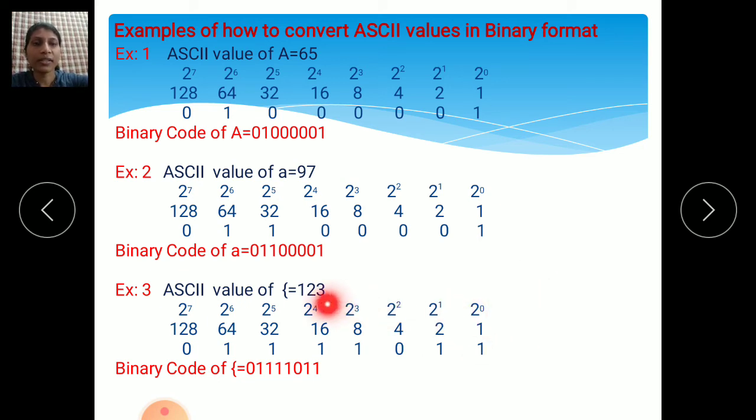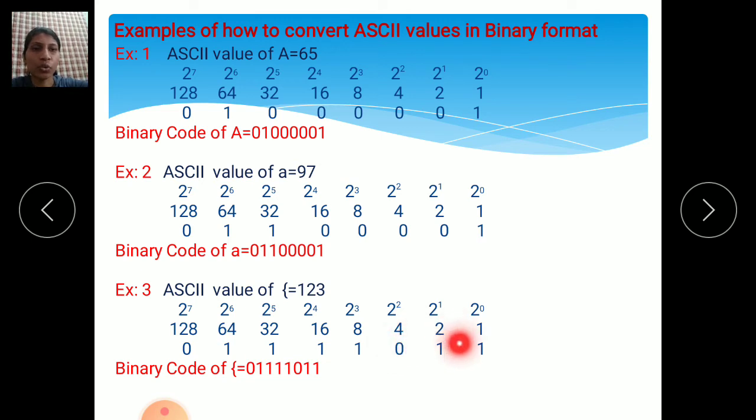Then to convert 123, 128 is a larger value. So put 0. Then 64, 1. 64 plus 32 is 96. 96 plus 16 is 112. 112 plus 8 is 120. 120 plus, I need 123.